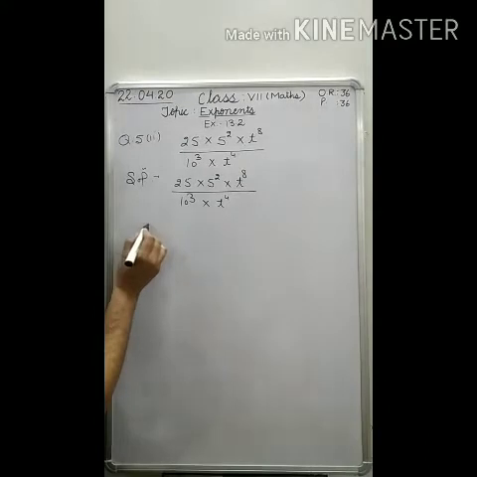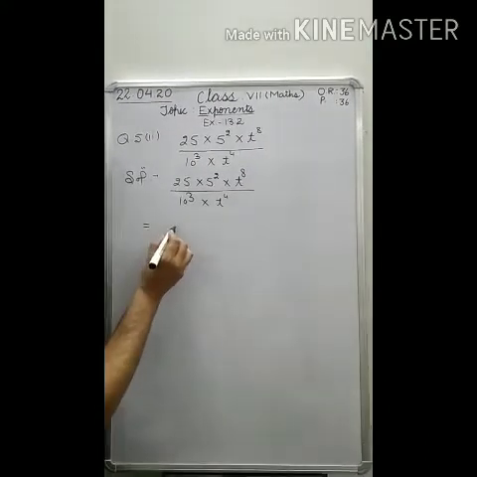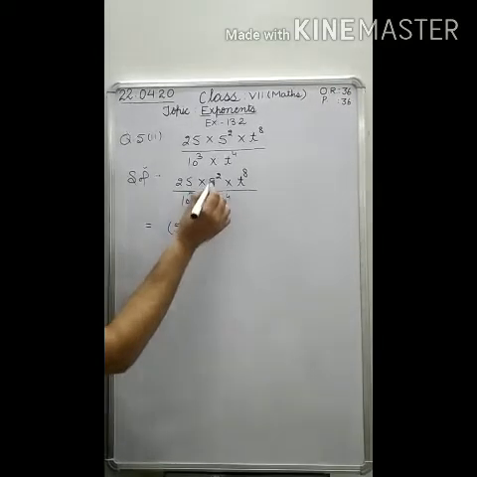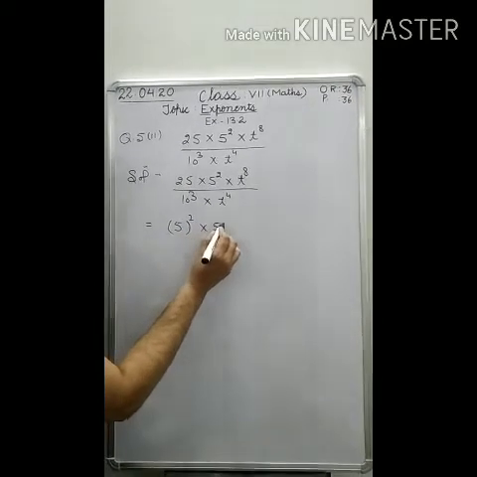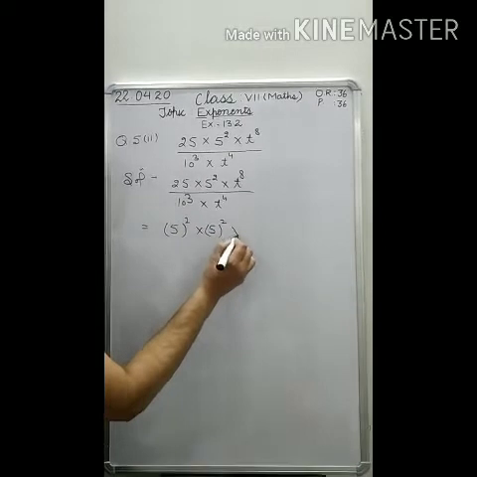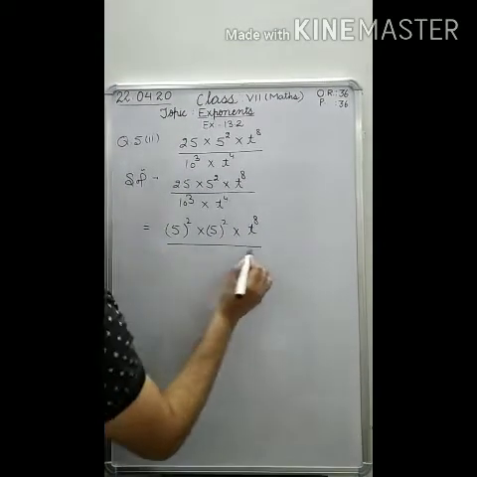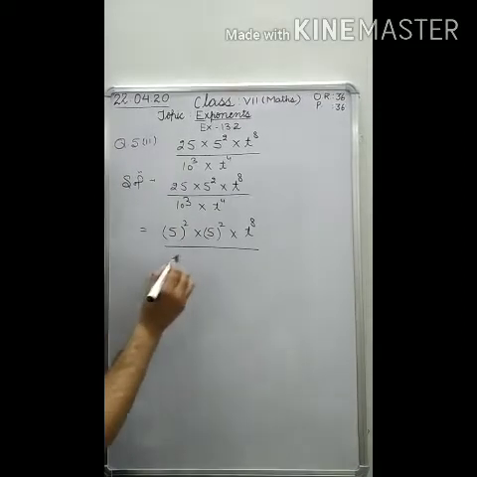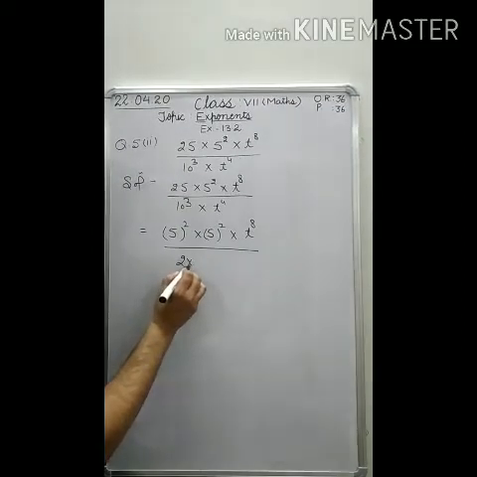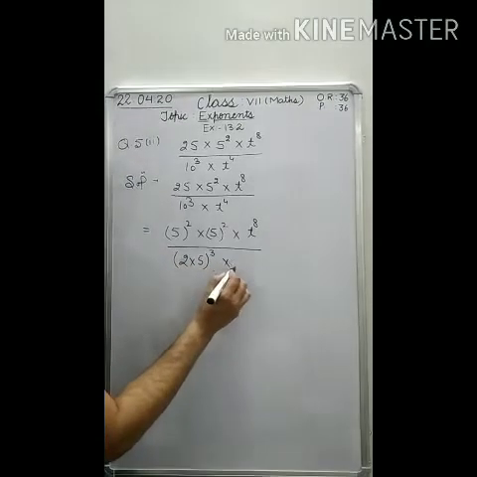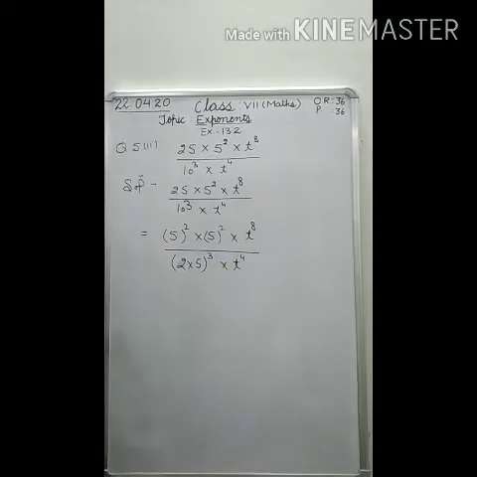So 25 can be written as 5 raised to the power 2, into 5 square as it is, and t raised to the power 8 also as it is, upon 10, which can be written as (2 multiply 5) whole raised to the power 3, multiply t raised to the power 4.